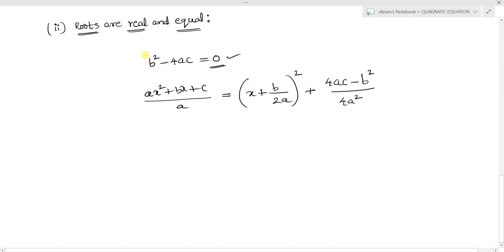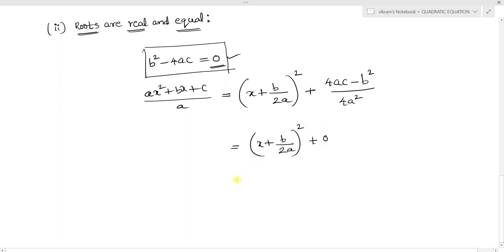Now we are checking for b square minus 4ac equals 0, which means 4ac minus b square is also 0. Then we get x plus b by 2a whole square plus 0.